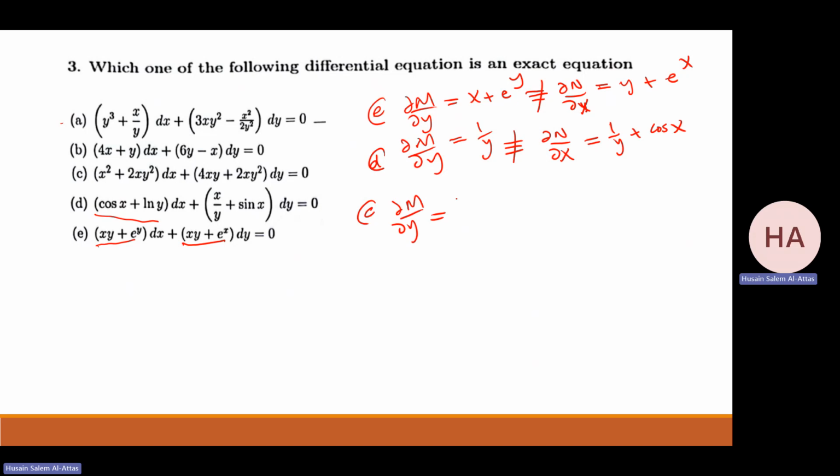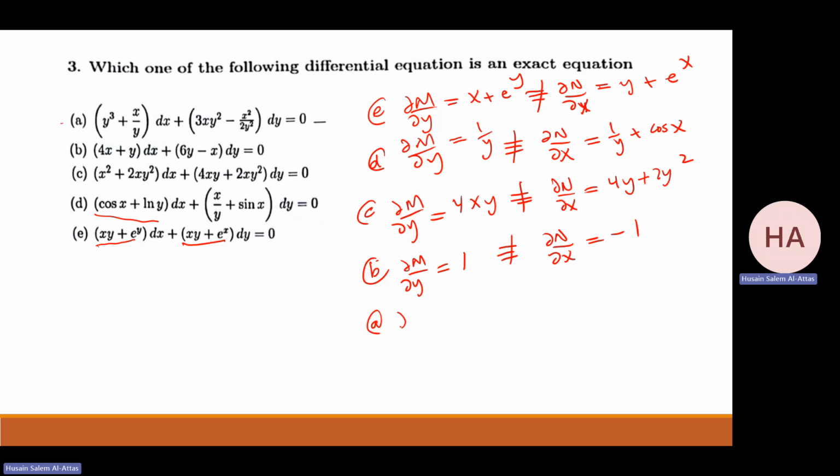That will be 4xy, and partial n with partial x will be 4y plus 2y squared. They're not the same. B, partial m with partial y will be 1. Partial n with partial x will be minus 1, so they're not the same.